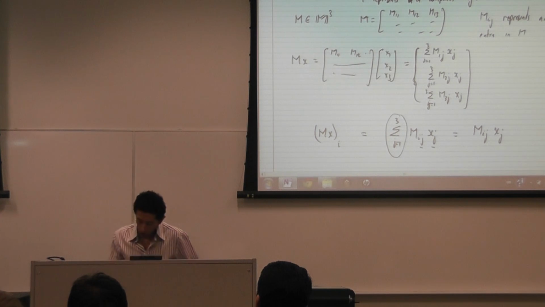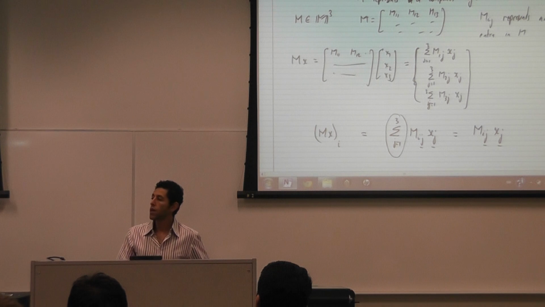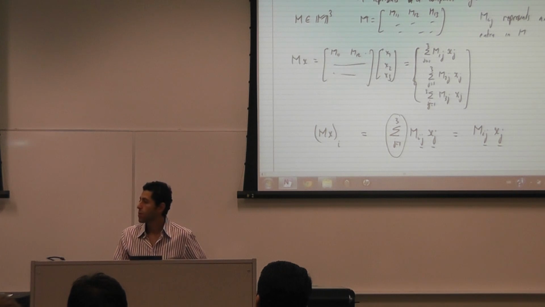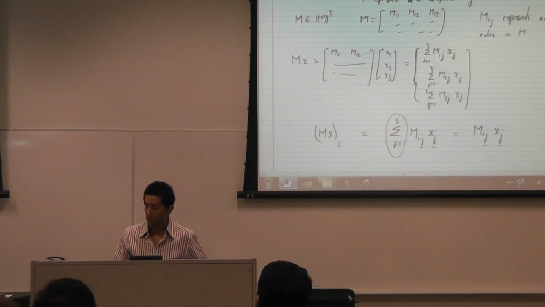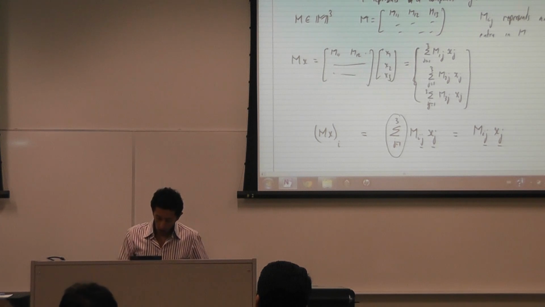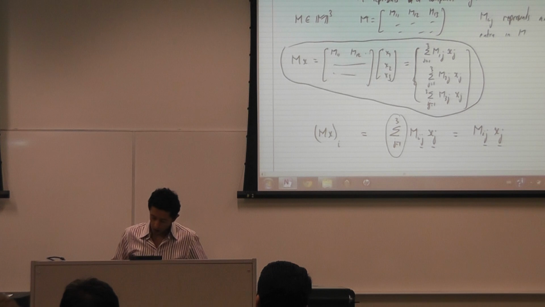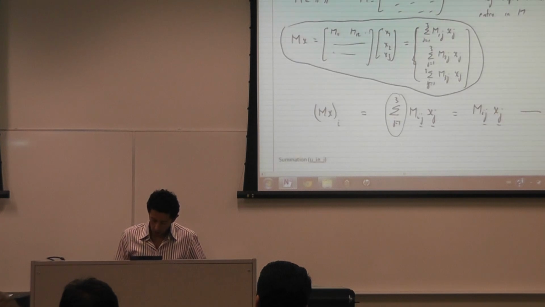As long as I see those two repeated together, I know that the summation is implied. And so all the above formula is now reduced to this formula. The component i of Mx is nothing but mij xj, summed over j.